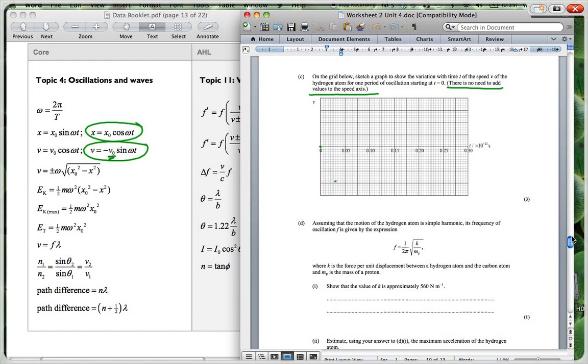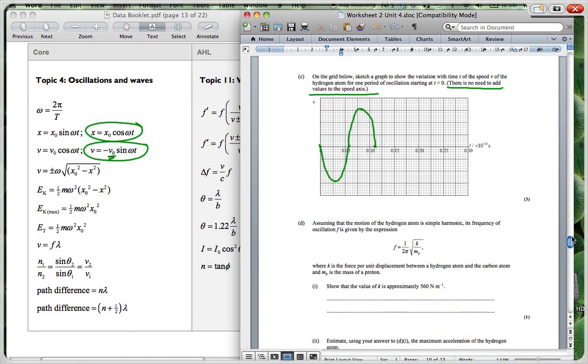There, you get half a cycle, about over there. You get three-quarters of a cycle coming back over here, where it goes through that. I must make sure that I've got the same amount on either side, and we come back to here. So you're going to get something like this, and that would give you your velocity. It goes in a negative sine graph like that.